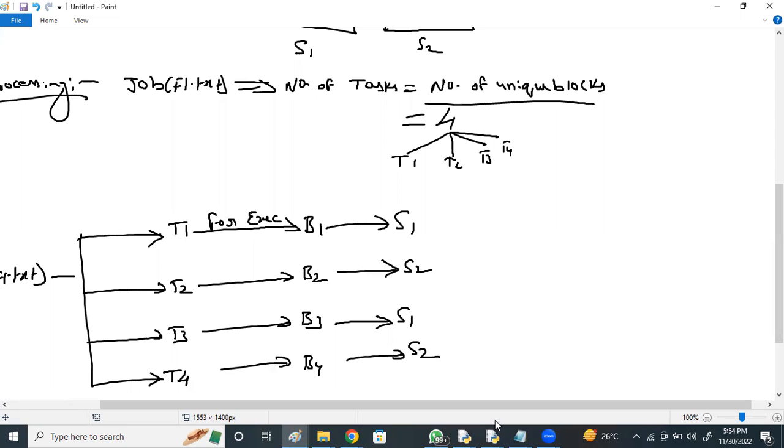Sir, does each slave have only two processes, or is more than two also possible?